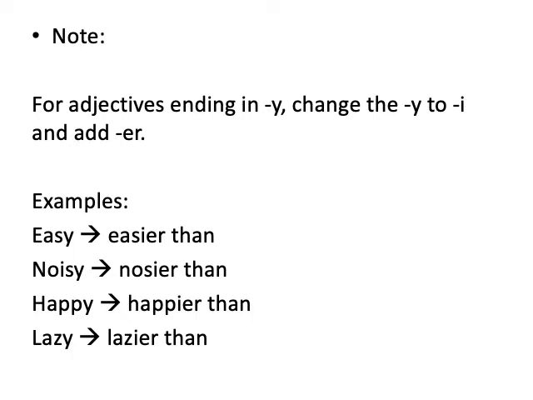Easy هنشيل الواي ونحط IER تبقى easier than. Noisy, noisier than. noisy دي كانت أو noisier than to be accurate كانت في التكست اللي احنا قريناه مع بعض. Happy, happier than. Lazy, lazier than. The point out of this note إن احنا الواي دايما في آخر الادجكتيف بنشطبها وبنحط بدلها IER.